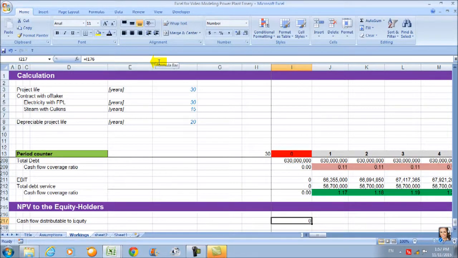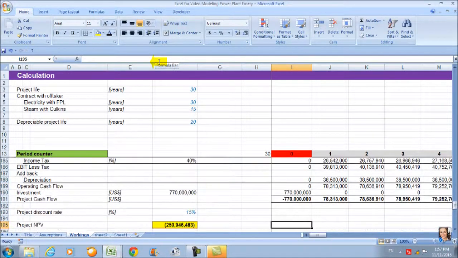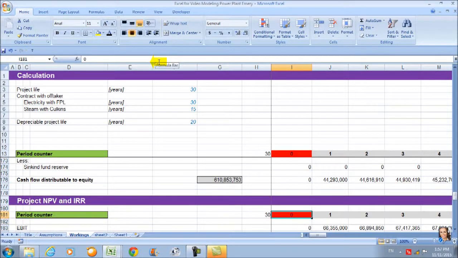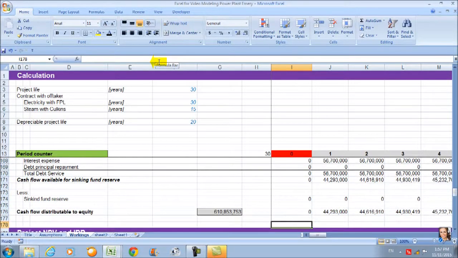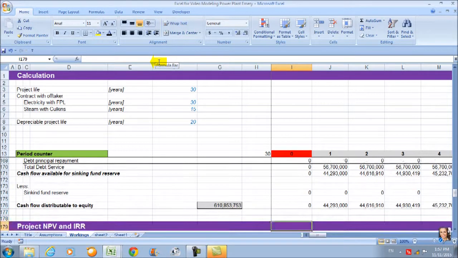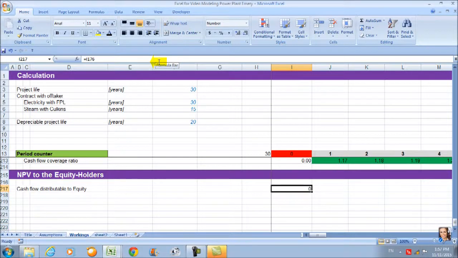Now, this is not correct because you have the cash flow, but you have to invest, so EBITDA less corporate income tax. Okay, I will use from here. So I just link it, and then you have the initial investment by equity.